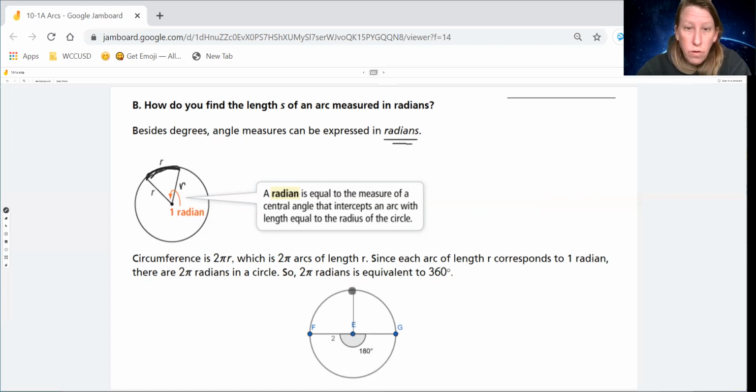A quarter of the way around would be pi over 2. 180 degrees is pi, and all the way around is 2 pi. You will see this a lot more. We actually even graph things as units of radians.